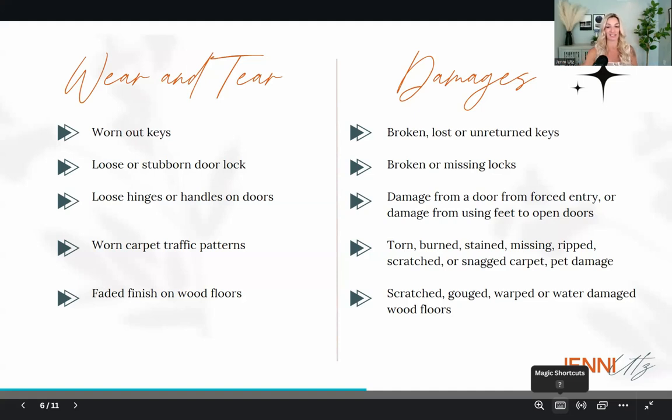Now, we did have a situation, actually, I think it might have been the same property that I was just talking about, where they wound up gouging the hardwood floor. And so there's a fine line between faded finish, scratches on the floor, and then gouges, and what that looks like and how much it costs to replace. Sometimes when you're talking about hardwood floor, the minimum amount that someone would charge for hardwood floor refinishing might be up to $1,000.